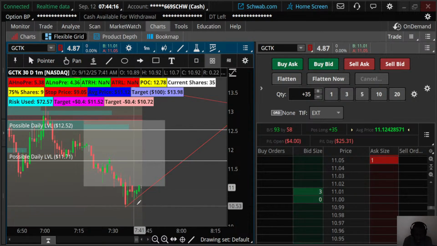Looking like it's going to be a ceiling, so be ready to get out.